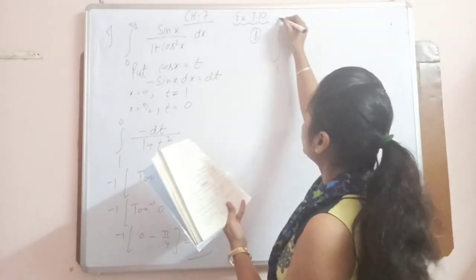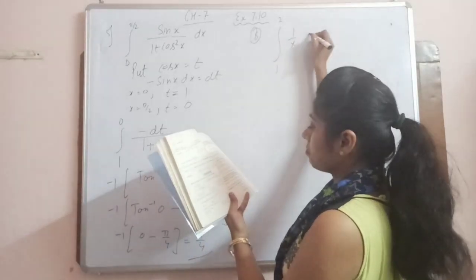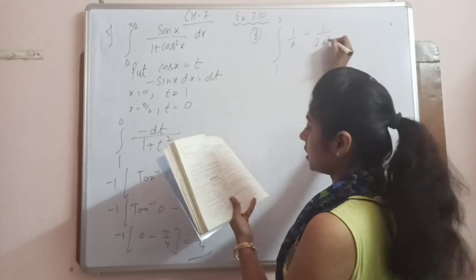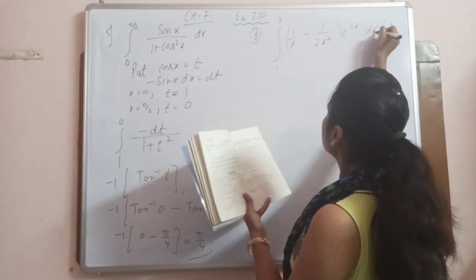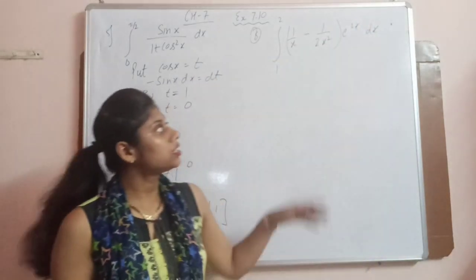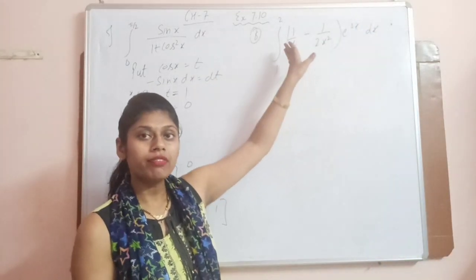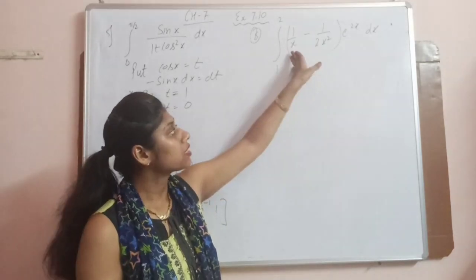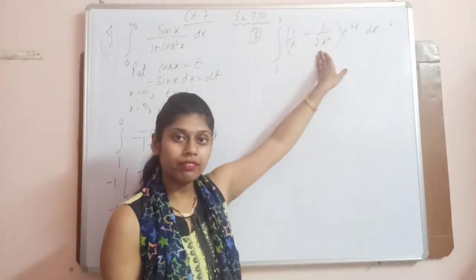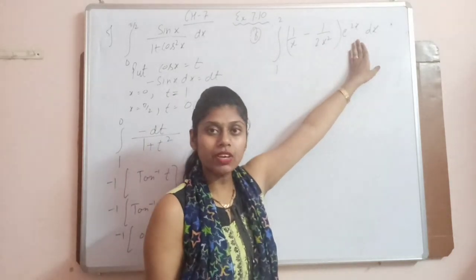Limits are 1 to 2, (1 by x minus 1 by 2x square) e to the 2x dx. This function is of the form f of x plus its derivative, into an exponential function.